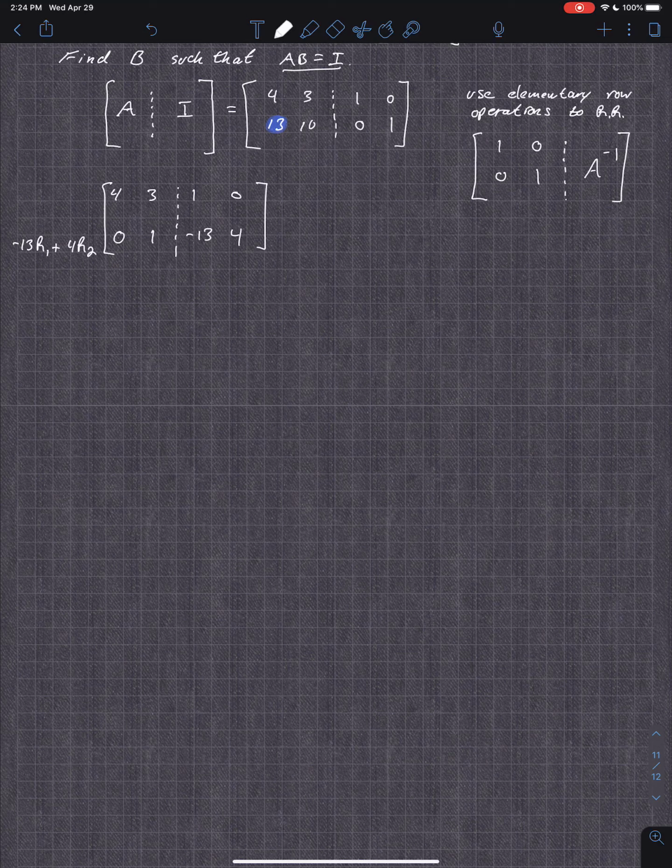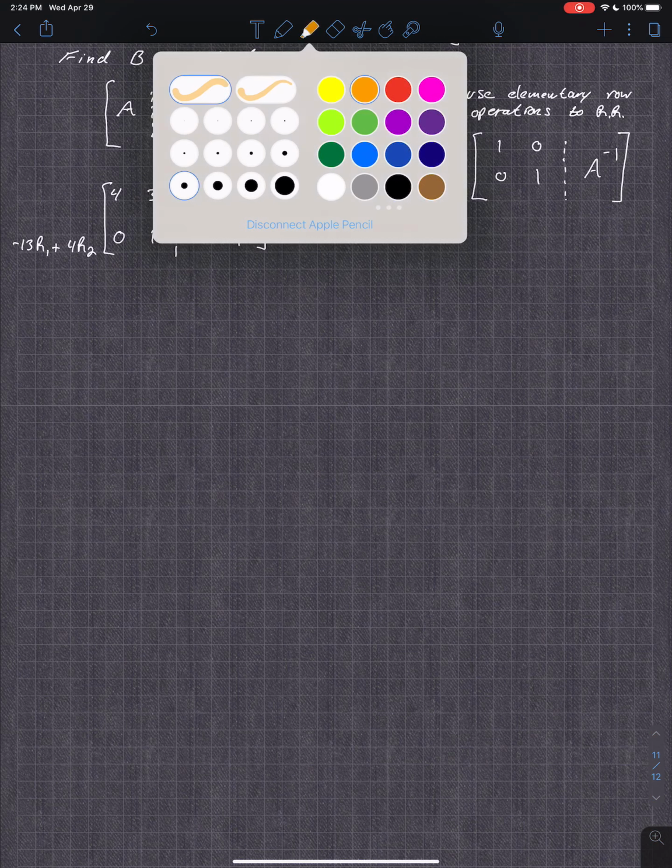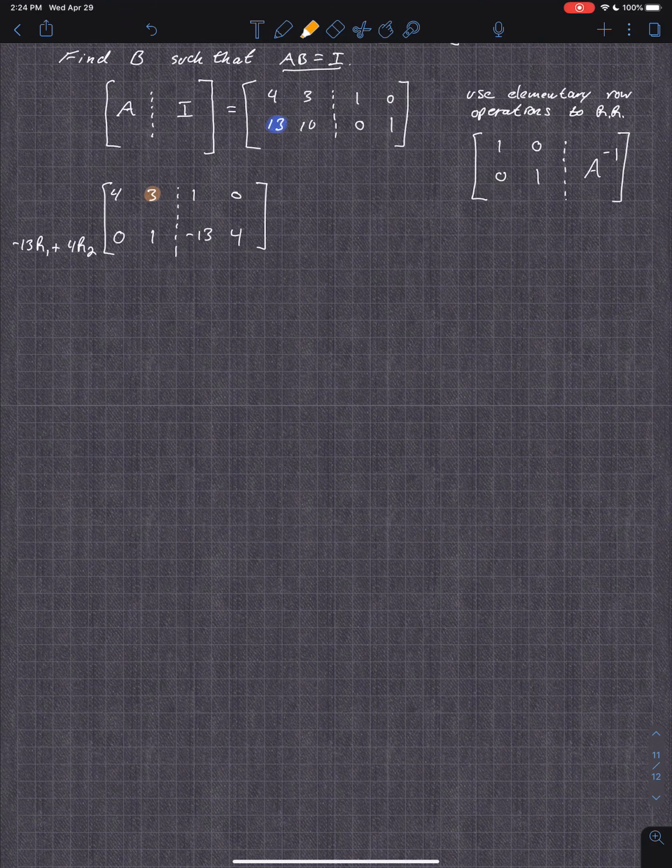Okay, so next we want to get a 0 here. All right, so the next operation will be, we can do negative 3 row 2 plus row 1.